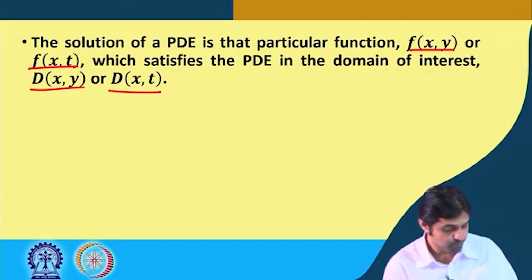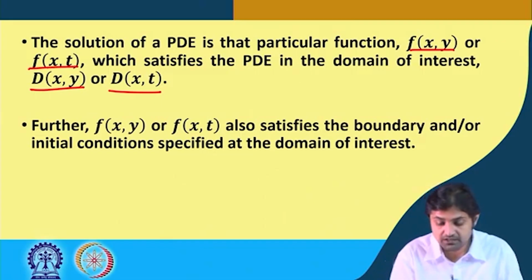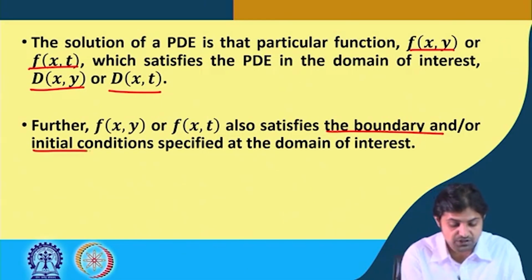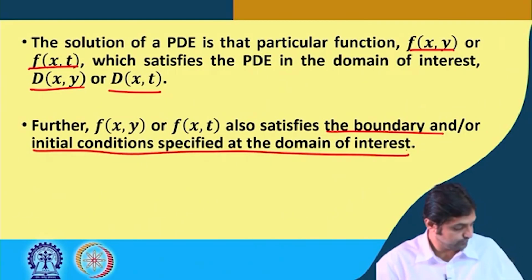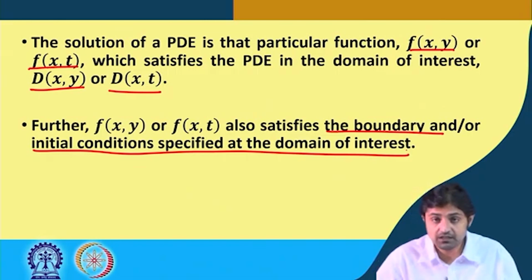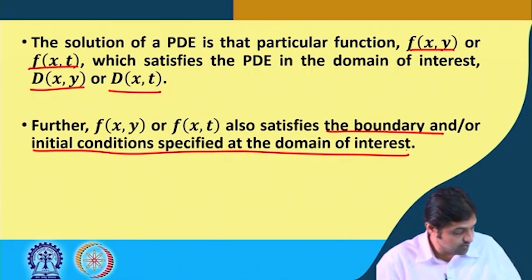Further, these are two different types of partial differential equations. They must also satisfy the boundary and/or initial conditions specified in the domain of interest, at all places in the domain or at all times for which the calculation is being done.